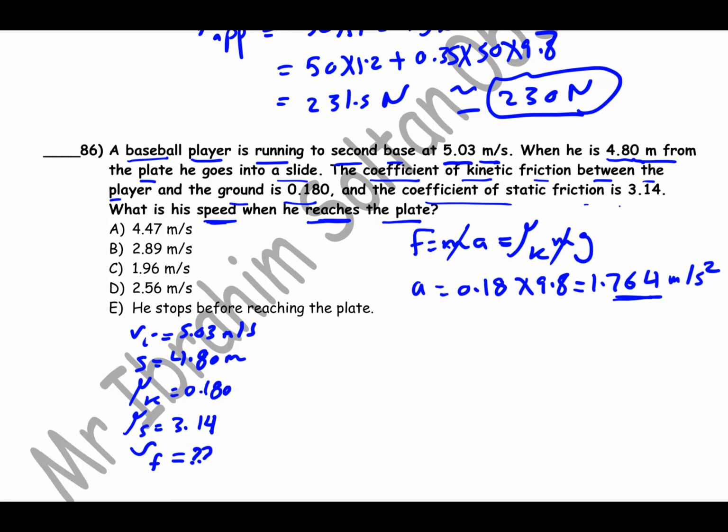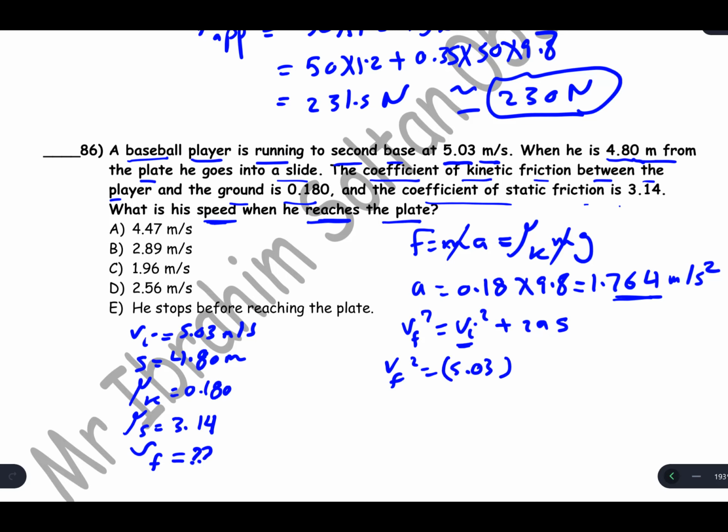How to calculate the V final? You know well that V final square equals V initial square plus 2AS. So V final square equals V initial square, 5.03 square, plus 2 times A, negative 1.764, times S, the distance 4.8.